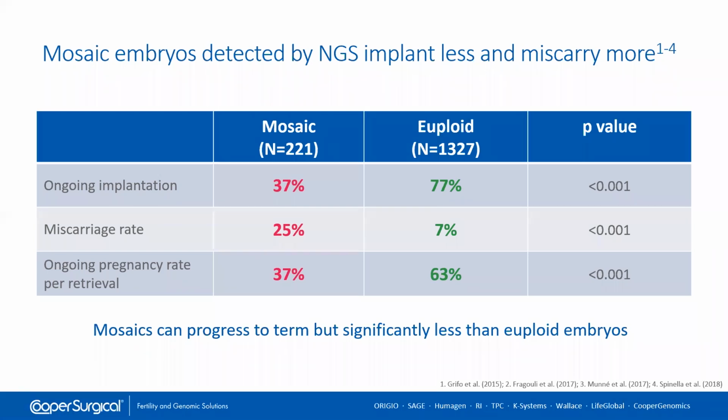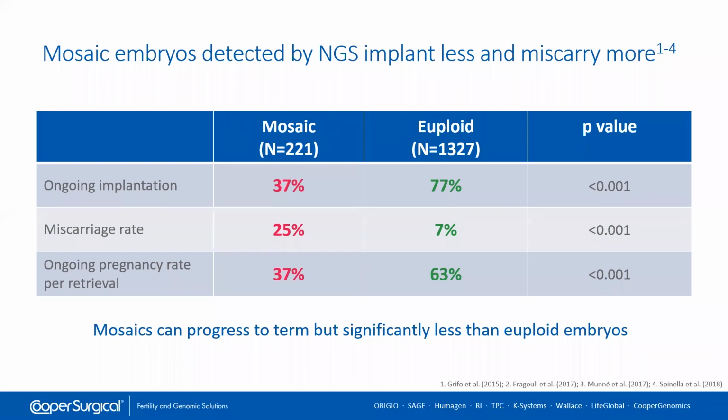After that was published, many other groups started to track mosaic transfers, although it was still low. When you do the meta-analysis and bring all this data together, they found an ongoing implantation rate of 37% compared to 77%, a massive reduction, and an increase in miscarriage rate from 7 to 25%.